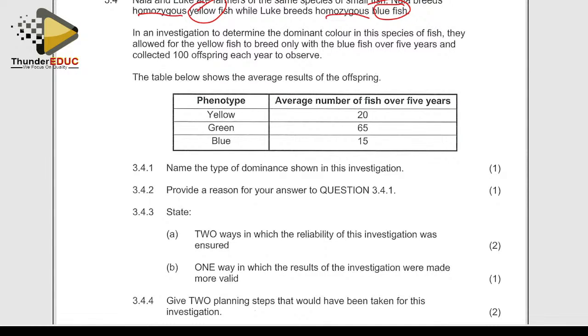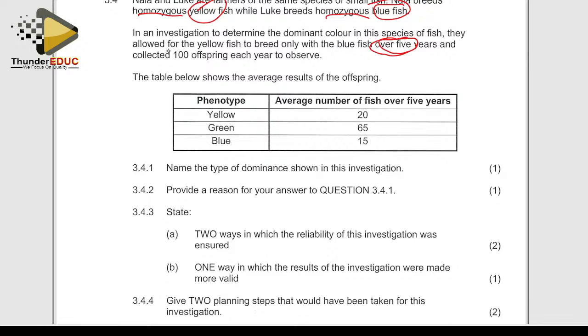They allowed yellow fish to breed only with the blue fish over 5 years. Okay, over 5 years. This is a key point.